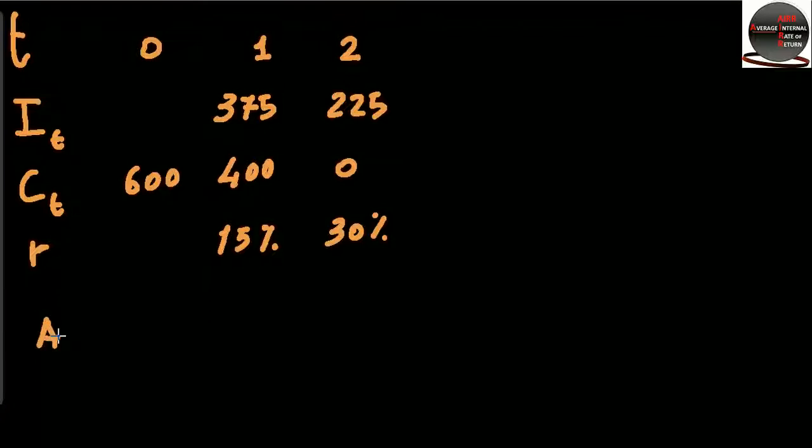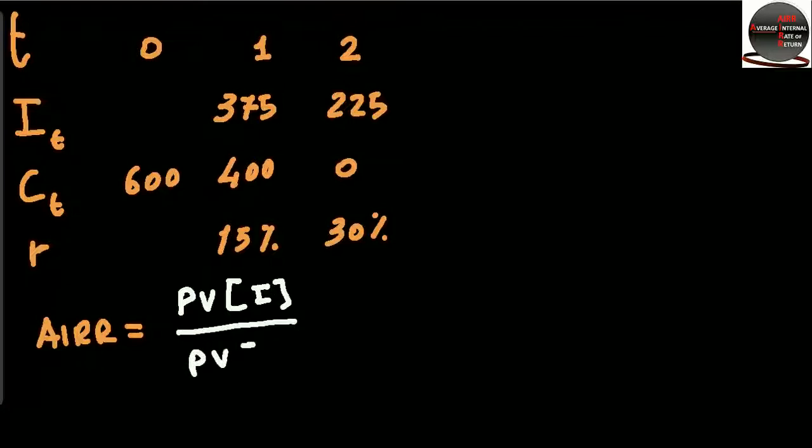The project rate of return, AIRR, may be defined as the present value of all the incomes divided by the present value of all the capitals, and this is an instantaneous rate of return, multiplied by a conversion factor, which is 1 plus R. And this is the case when the cost of capital is constant.